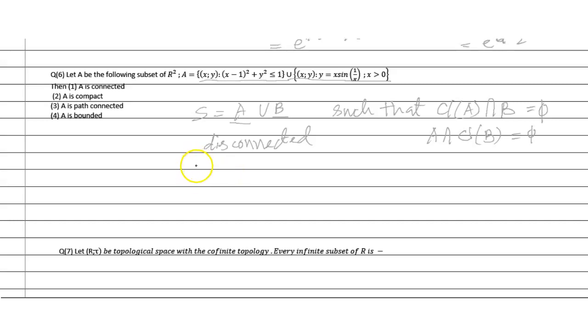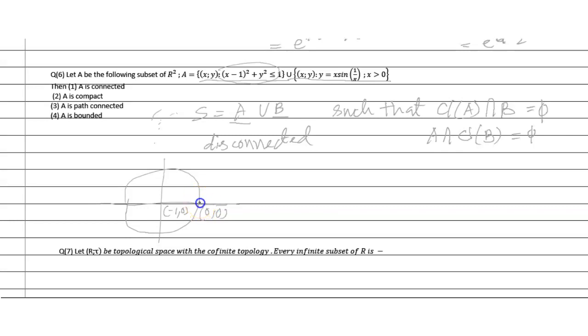So the first set is a circle, you see. I just draw a circle, where the center is minus 1 comma 0, and this is the point 0 comma 0.